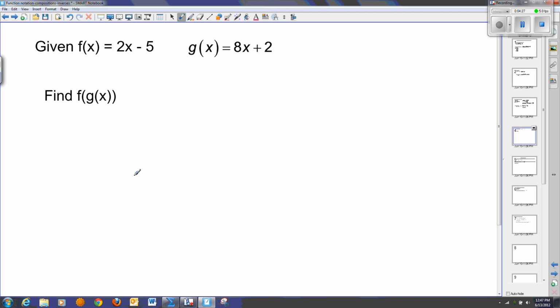Now we're asked again to do another composition. We're asked to find f of g of x. But in this case, we aren't asked to plug a value into the g function first. We're just asked to substitute the entire g function into the x value of the f function. So let's do that.